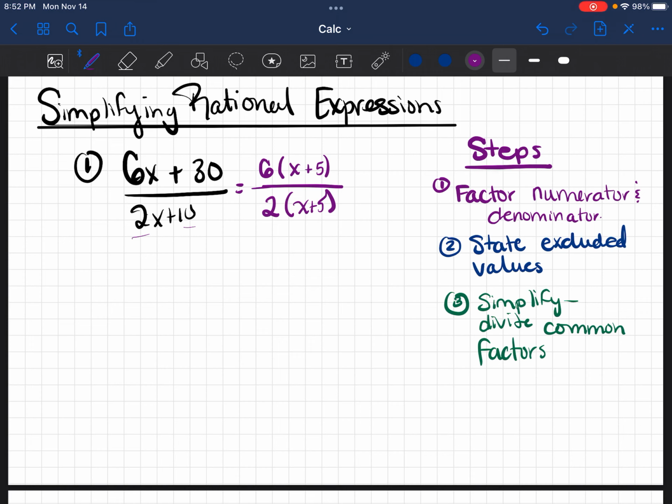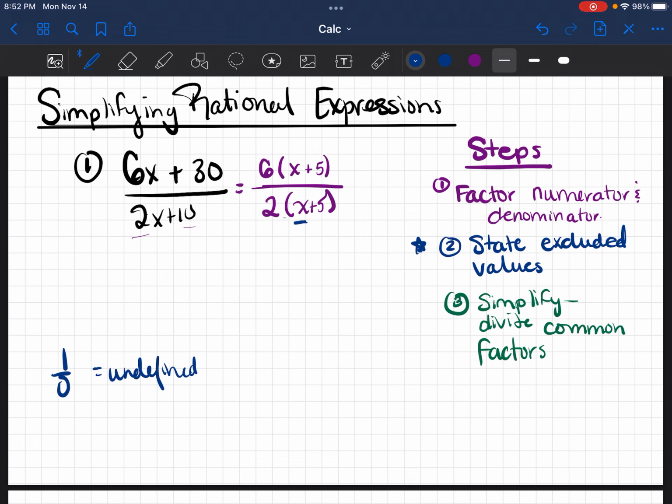Now I'm going to take time here to state what my excluded values are. An excluded value is any value of your variable, so in this case x, that makes the denominator equal to 0. I can never divide by 0. This is undefined.